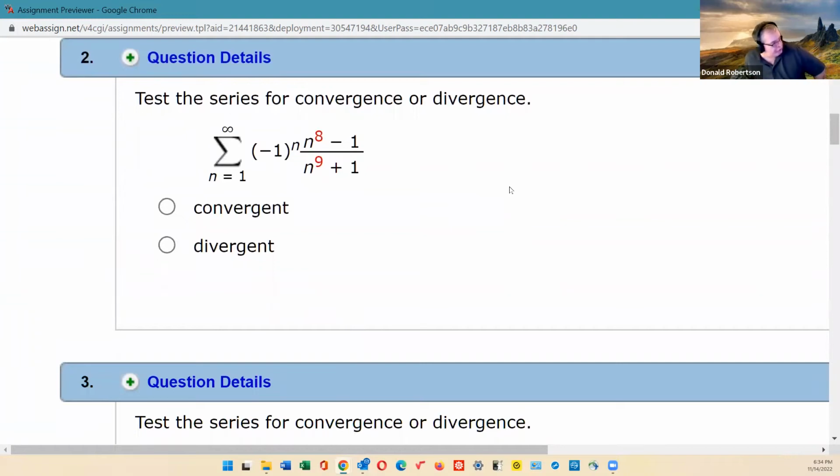What do you think you should use in question 2? And what feature is telling you that would be a good test to use? Alternating. Correct. That is the correct test to use here. What was the clue?